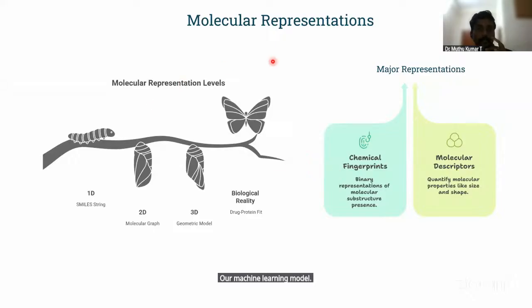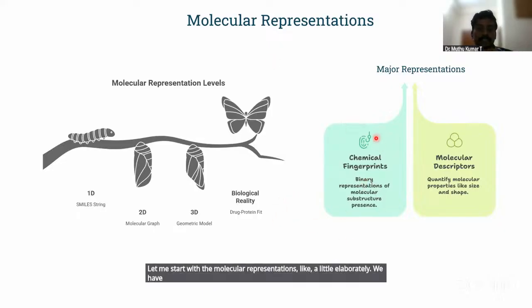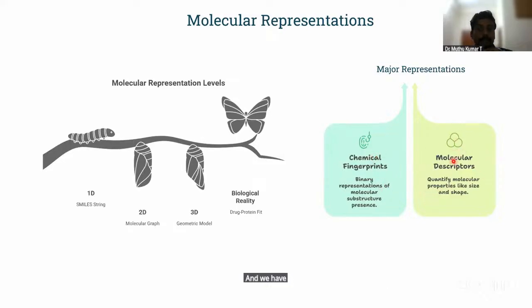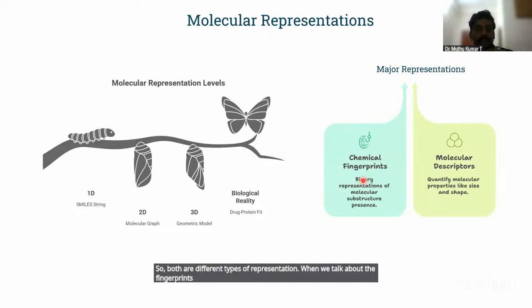Let me start with the molecular representations a little more elaborately. We have two major things: one is the chemical fingerprint and the other is the molecular descriptor. Both are different types of representation. When we talk about fingerprints, as I said earlier, it will be 0 and 1.